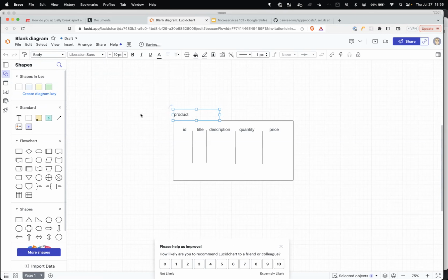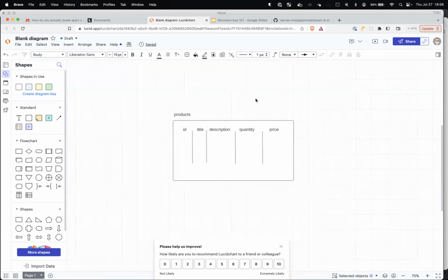Let's call it the product table, although I think it's products in the code because I used Rails. And this particular example, I am being inspired by the Eventide training to come up with this particular one. But here we can look at these data points for a product. We have the title, the description, the quantity, and the price.